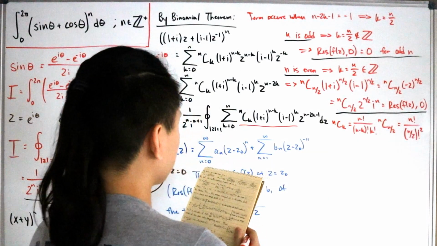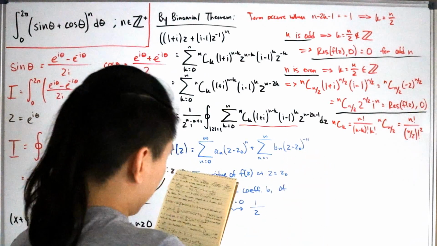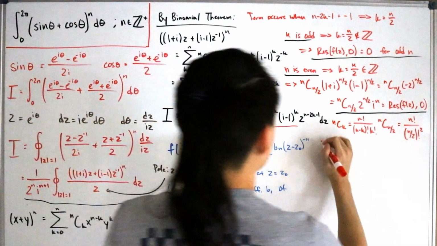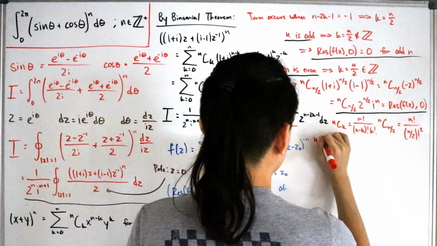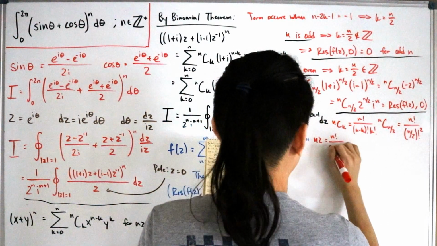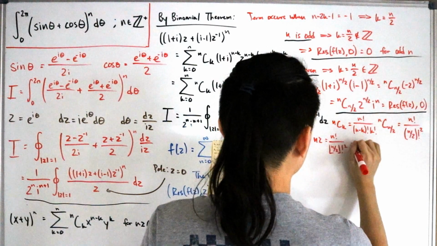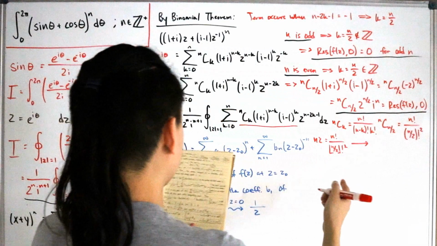This is very interesting because by definition, for the natural numbers, the swinging factorial of n is defined as n factorial divided by the floor of n over 2 factorial squared.